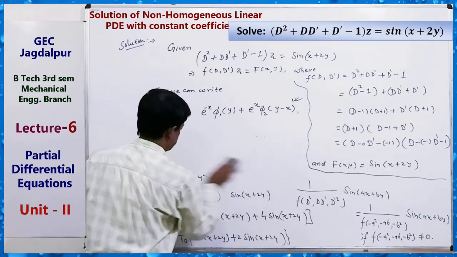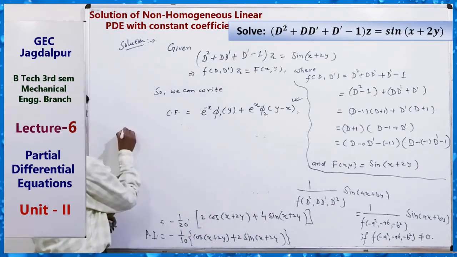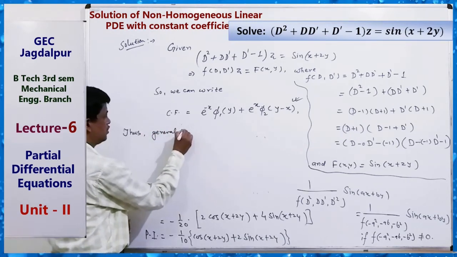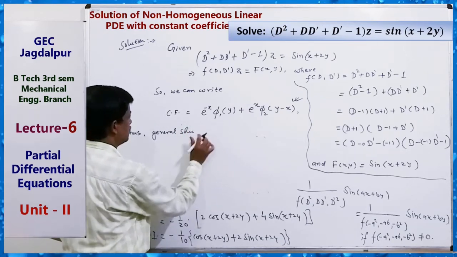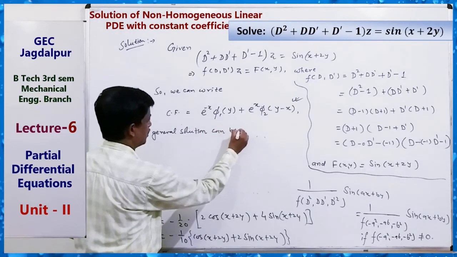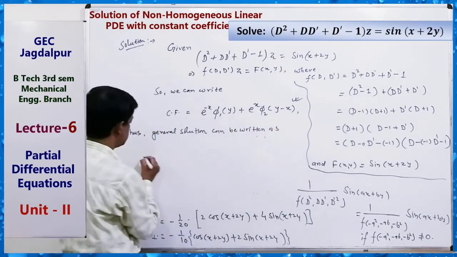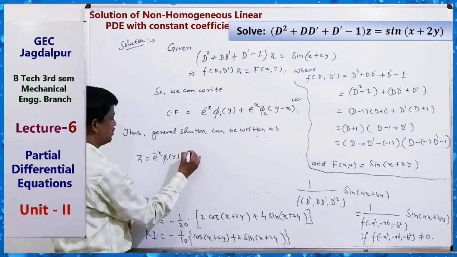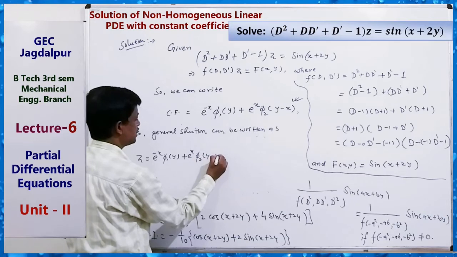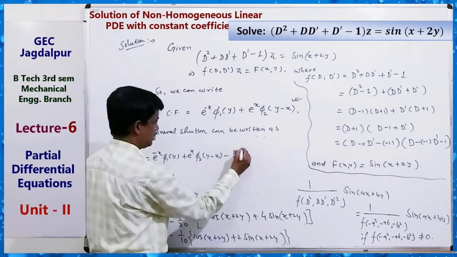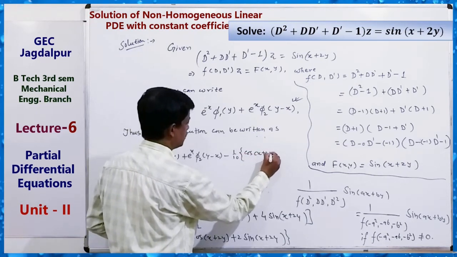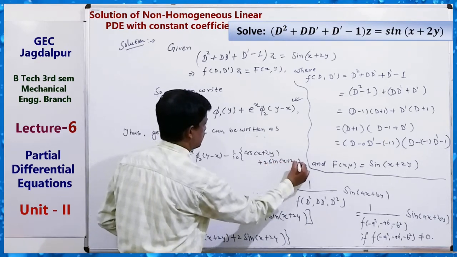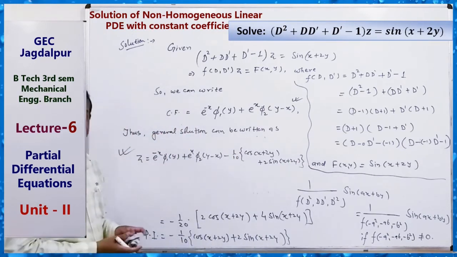Thus our general solution can be written as z equals e to the power CF phi 1 y plus e to the power x phi 2 y minus x minus 1 by 10 cos(x plus 2y) plus 2 sin(x plus 2y). So this is our final solution. Okay.